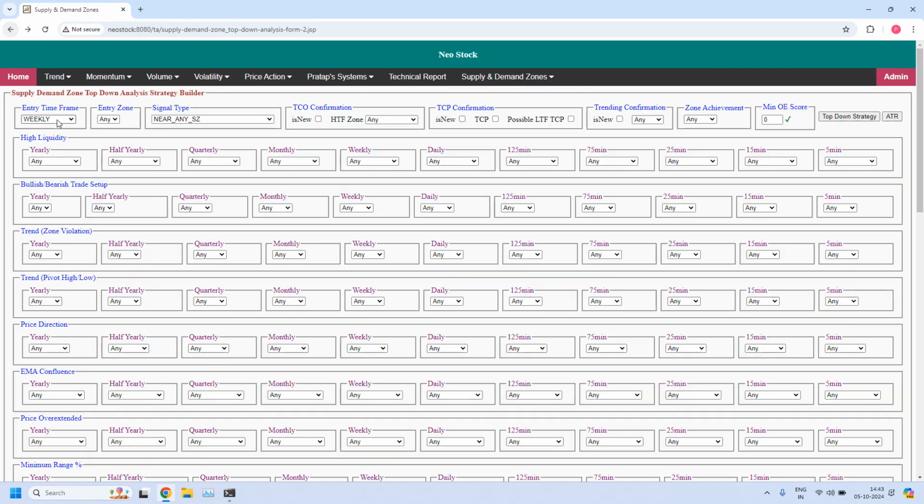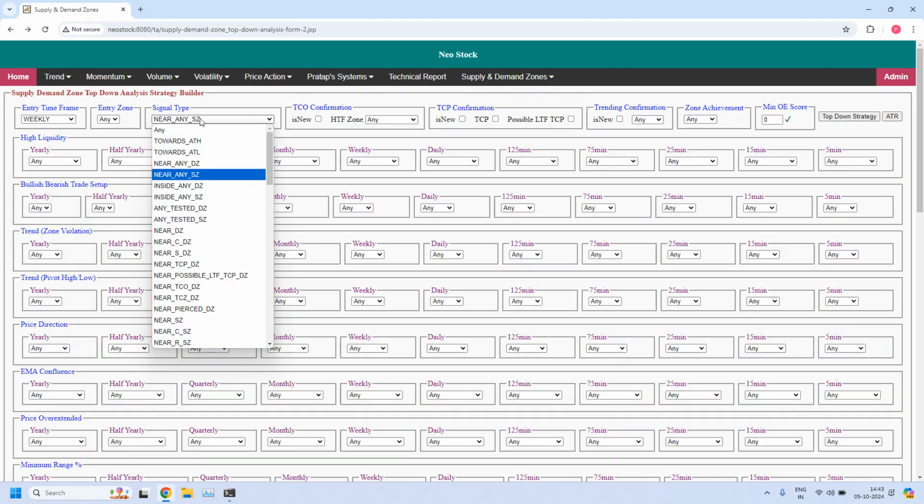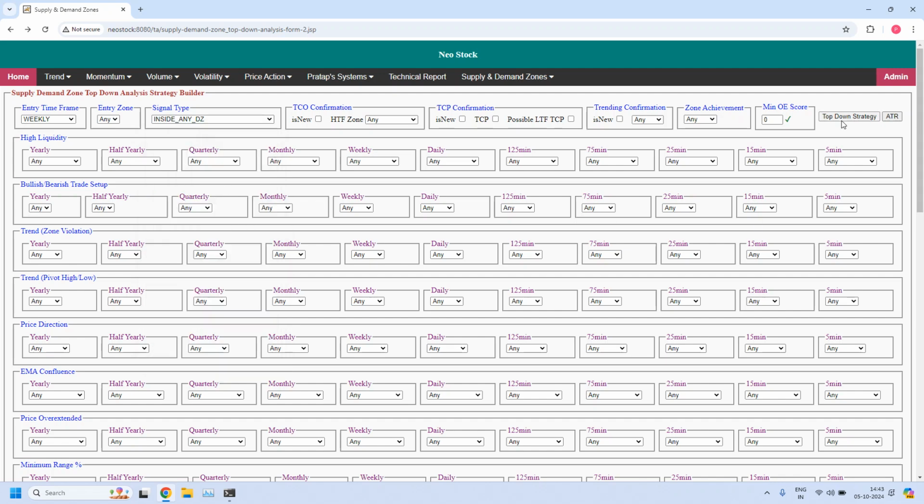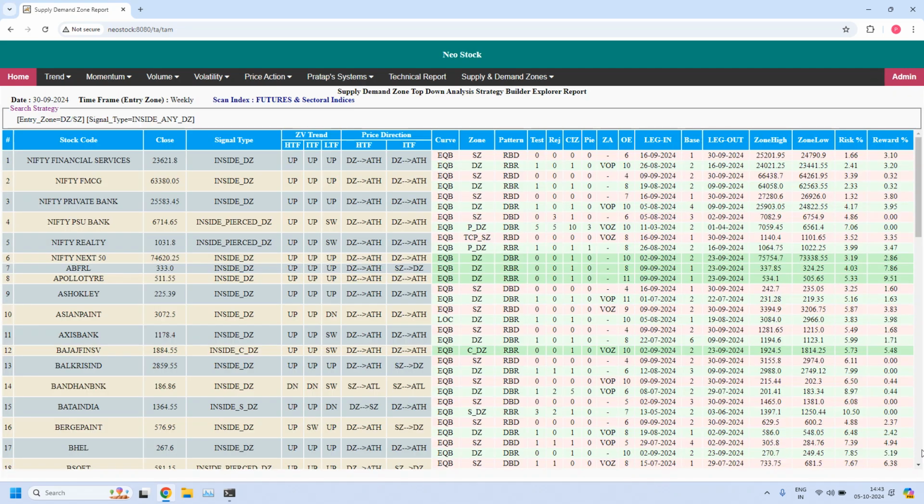The next report for weekly time frame, let us find the stocks where price closed inside weekly demand zone. So a good number of stocks are filtered. That means current prices are closed in many of these weekly demand zones. I am scrolling the list down.